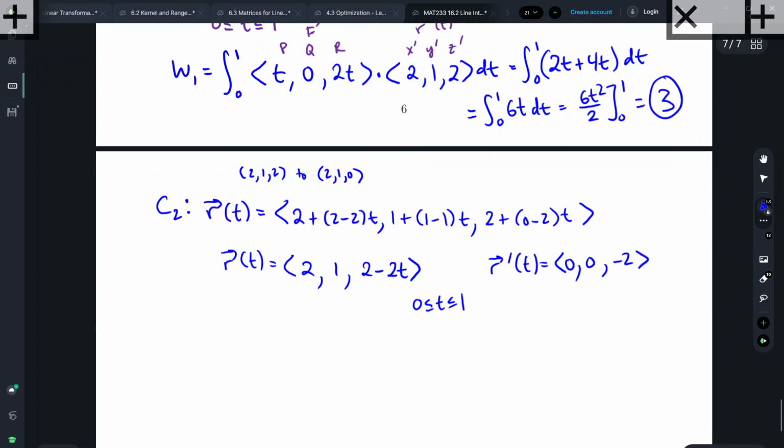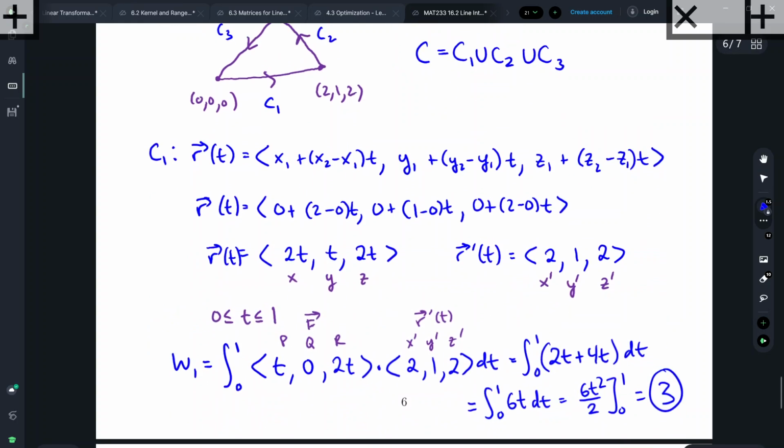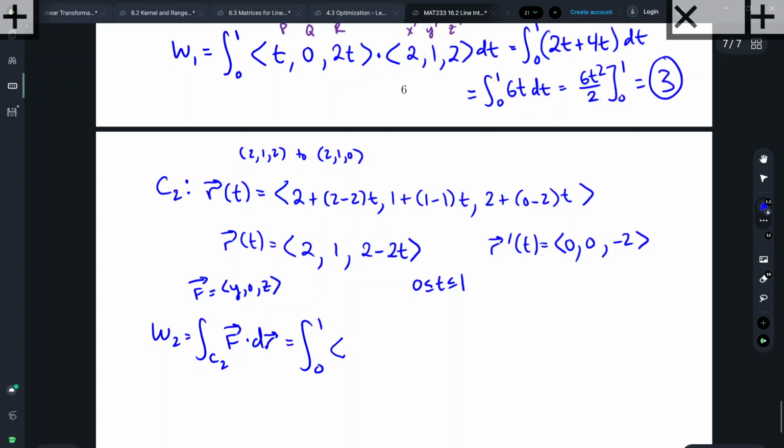So when I set up the line integral, right, so the integral over C2 of f dot dr, the integral goes from 0 to 1. Now the vector field, let me copy it down so I don't have to keep scrolling back. So f was y, 0, z.